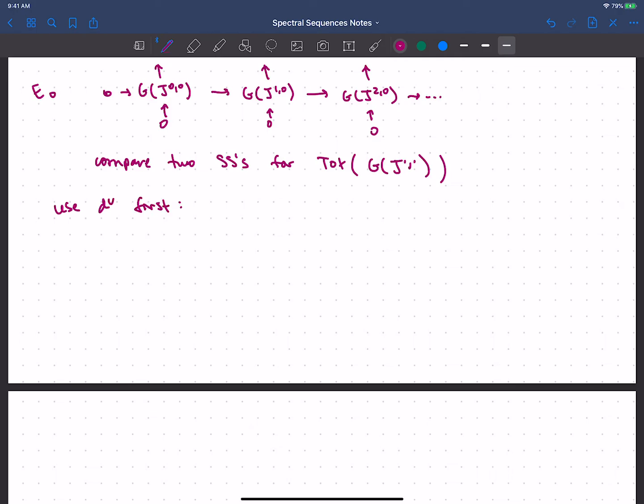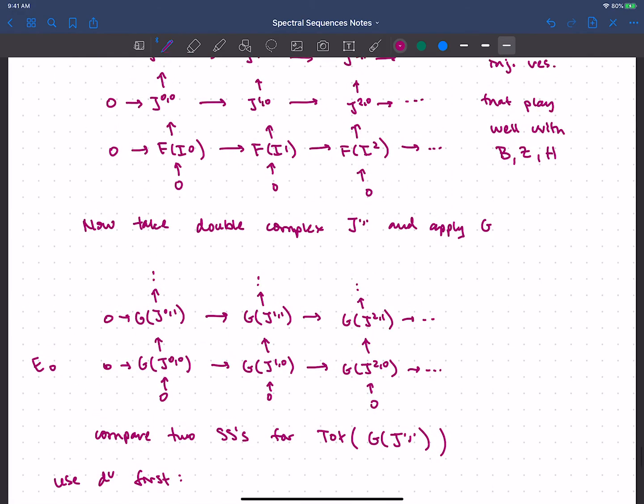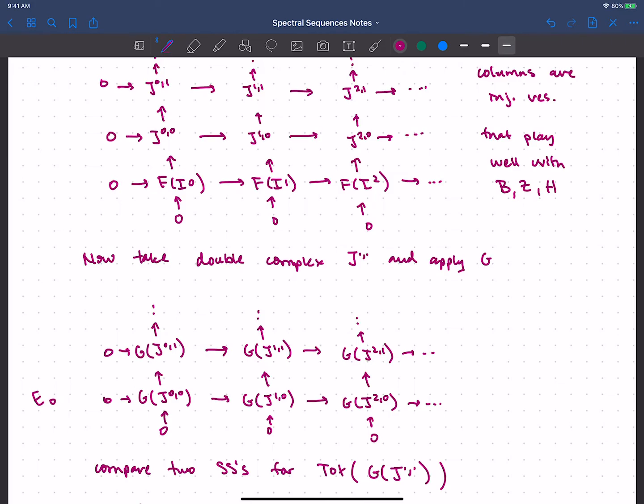What's that going to look like? Well, I want to use the vertical differential, so maybe it's helpful to go back to our original picture. I look at this first column, and I'm thinking about those vertical differentials. I just had this F applied to I0, and I took an injective resolution of it.